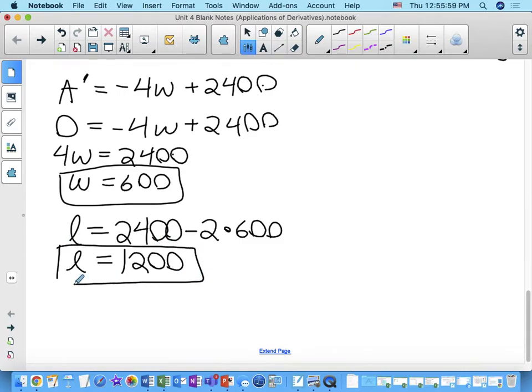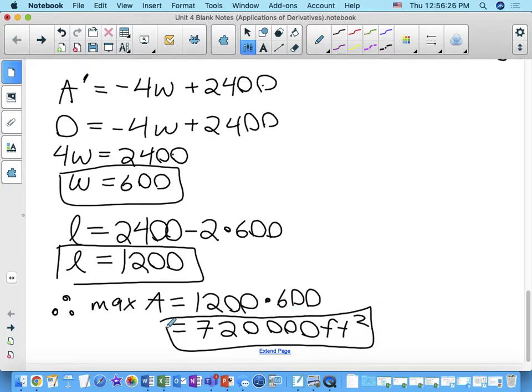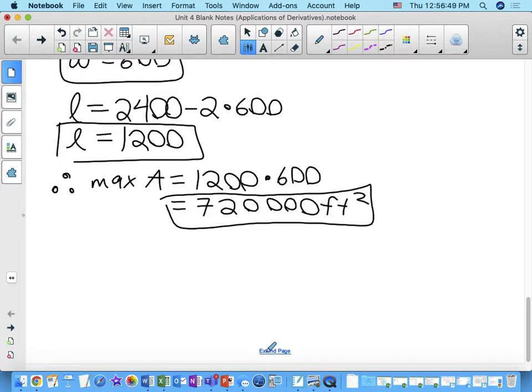And then to get the max area, you just multiply the two together. Okay? Any questions with that? No.